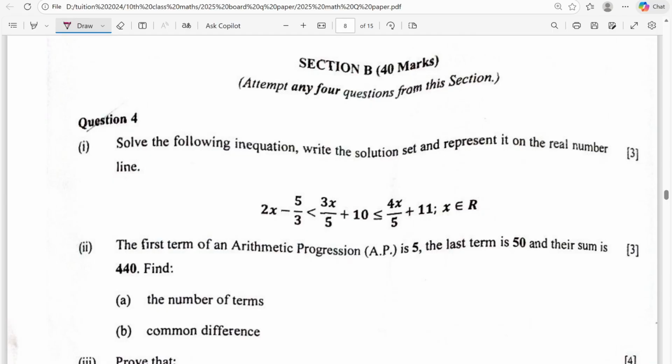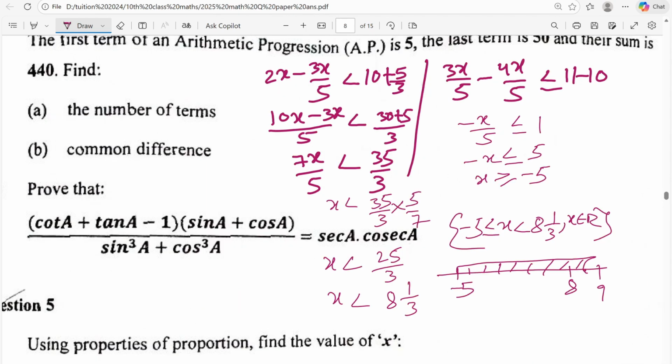Now this is question number 4 of 2025. Solve this one for the video. Solve the equation and check your answer. So this is the answer, and this is the number line.